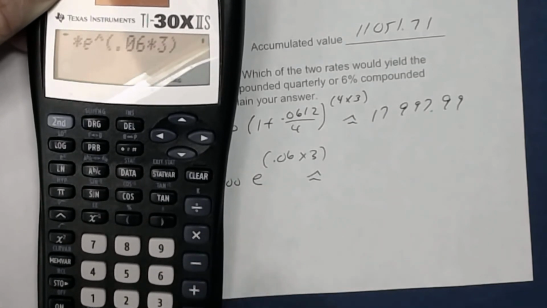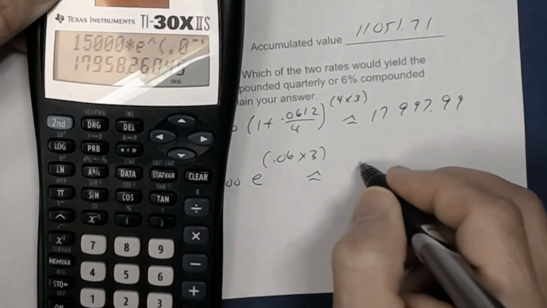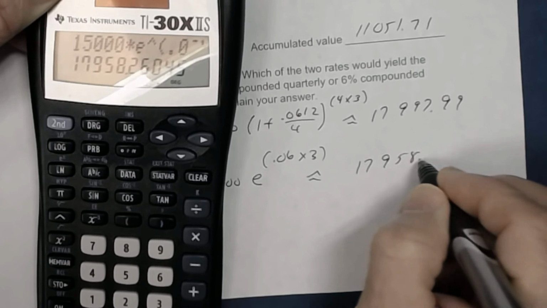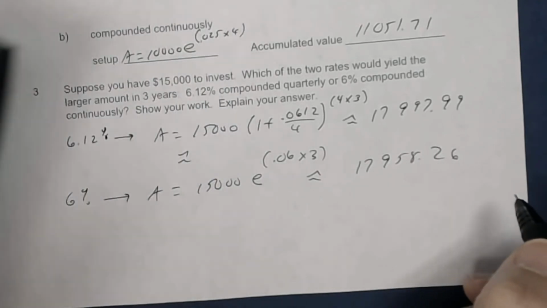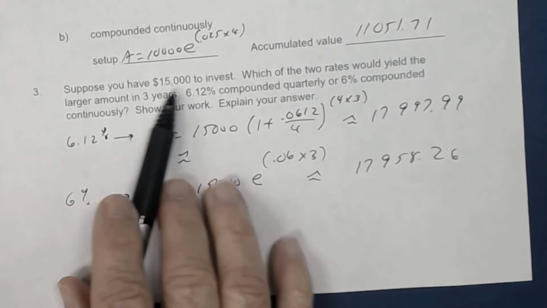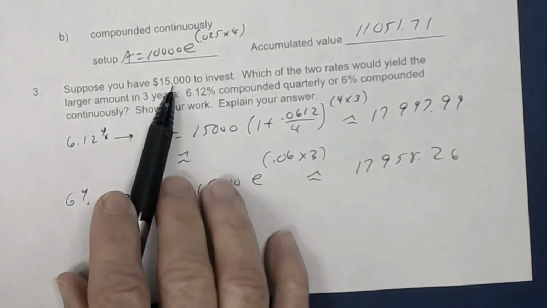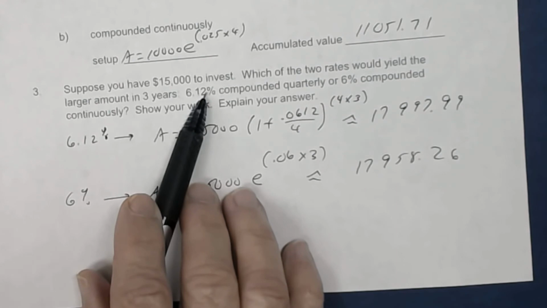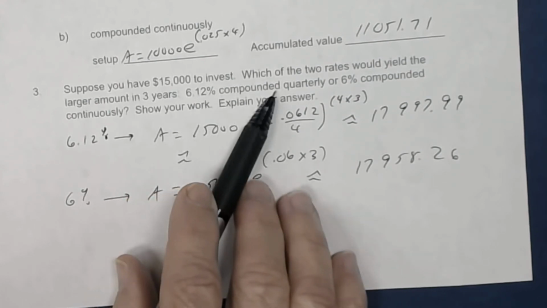Close the parentheses, press equal, you get this. So $17,958.26.